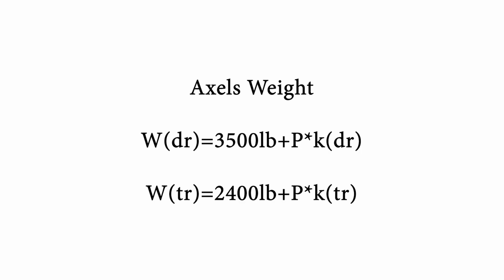So to calculate the weight of the load, you need to subtract the weight of the axles, 3,500, from the actual weight of the heavy axles and divide it by the pressure. It's simple, and you will get the value of load that creates an additional 1 psi.